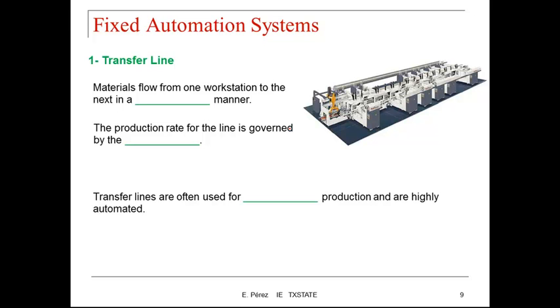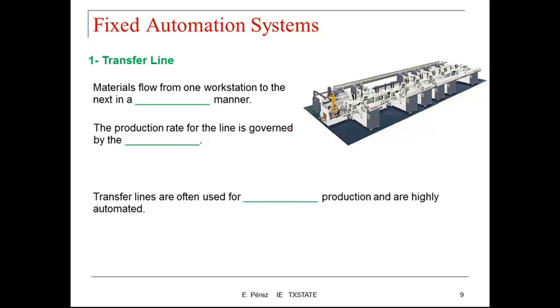So in this slide, the figure shown is basically another perspective of the same type of fixed automation system. So again, we're going to have a rail that is going to be moving some of the things that are needed in this type of manufacturing system.